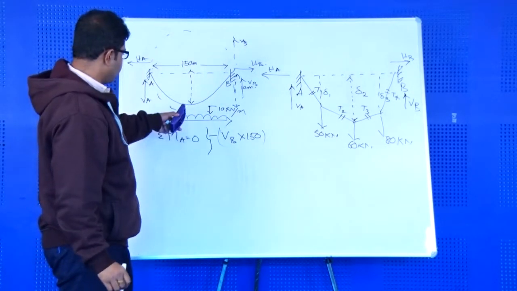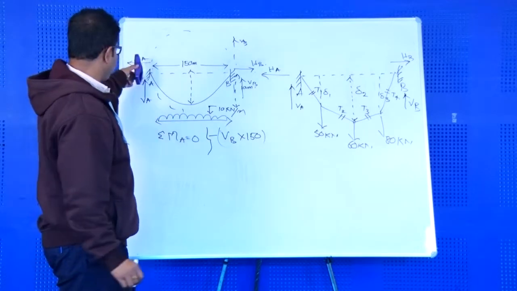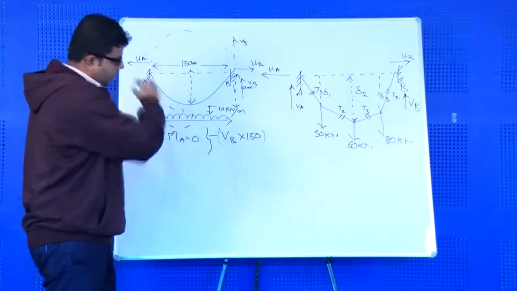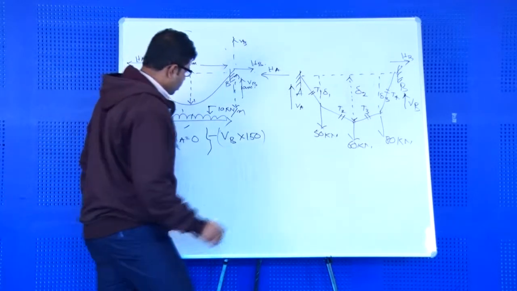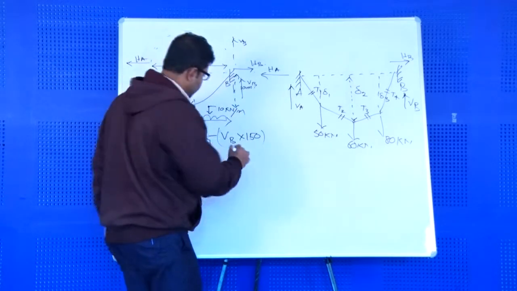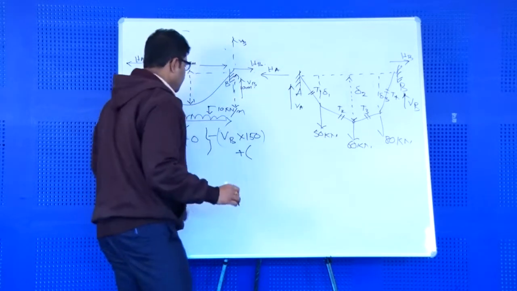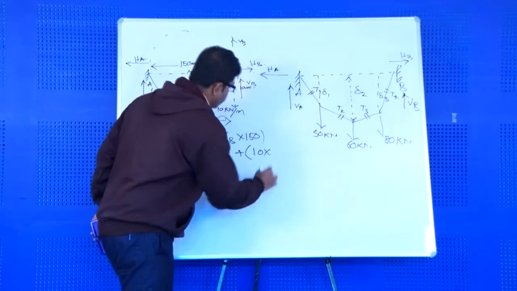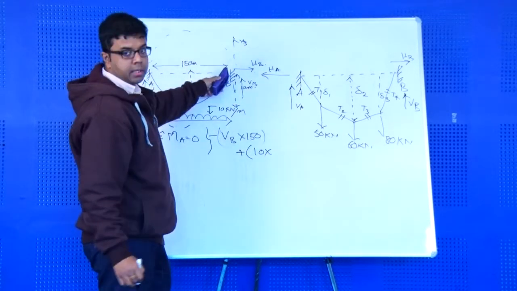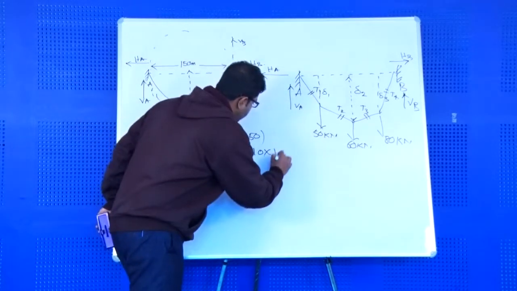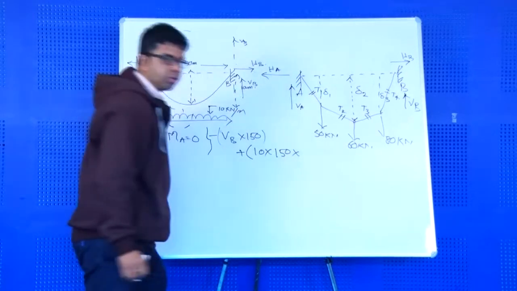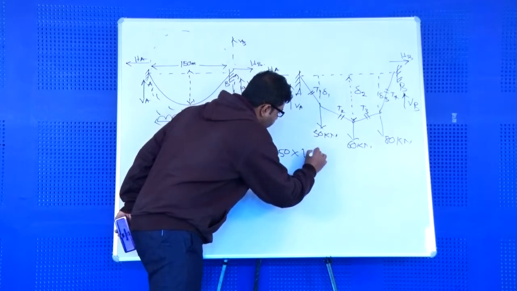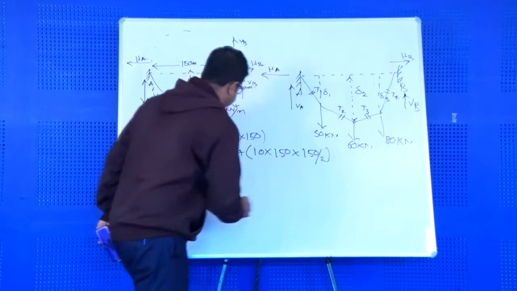Now let us consider the moment of this UDL loading at point A. UDL acts downward, so it is clockwise, and clockwise moments are positive, so it is plus. Intensity of loading is 10, the span between the supports is 150. We know that UDL acts through the middle of the span, which is 150 by 2, that is 75.